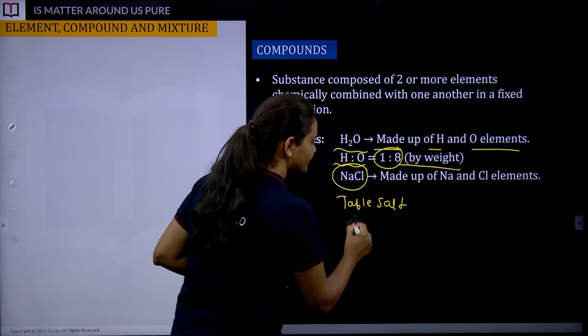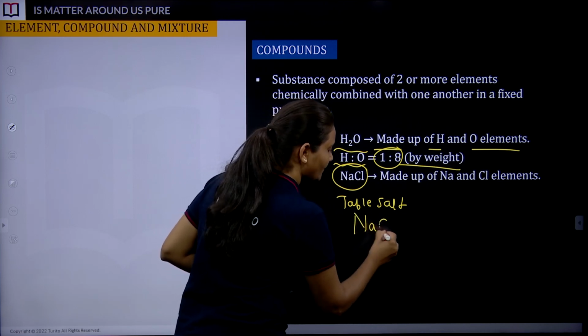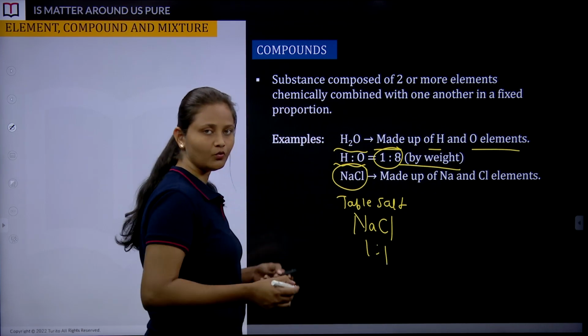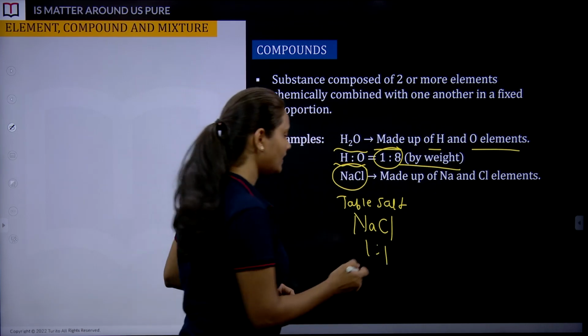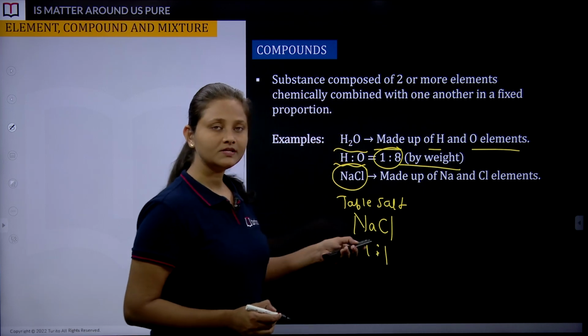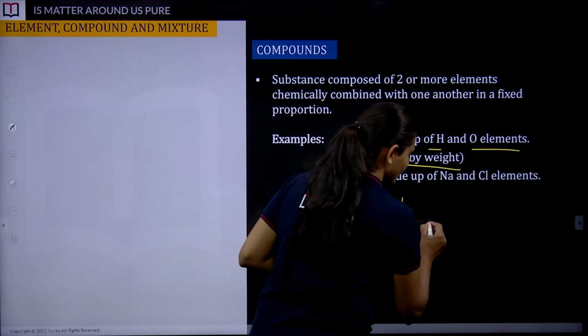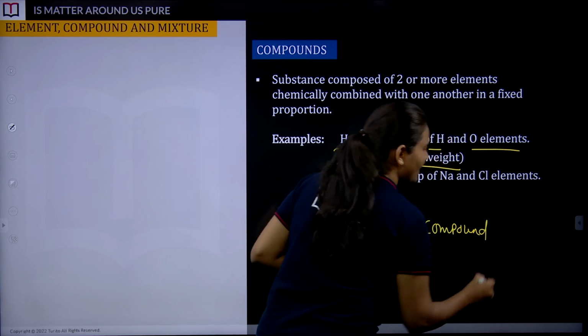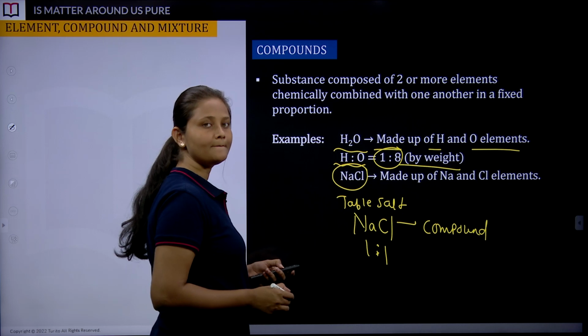Try to understand its chemical composition. By part ratio it is 1 is to 1. 1 part of sodium is reacting with 1 part of chlorine. So this is also considered a compound.